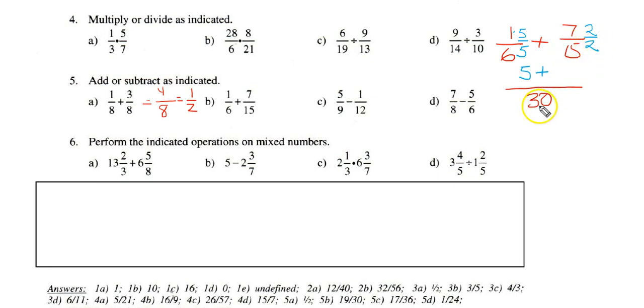15 times 2 is 30, and 7 times 2 is 14. This will then give me a sum of 19/30.